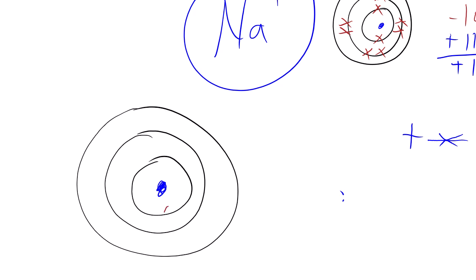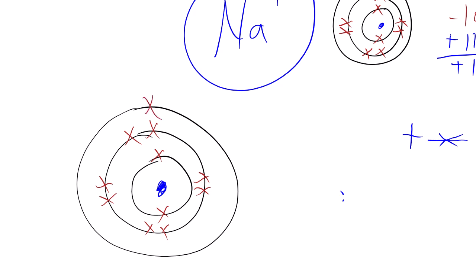You have electrons, this first 2, 3, 4, 5, 6, 7, 8, 9 and 10. So you have 10 electrons here. This is the electronic configuration of neon.